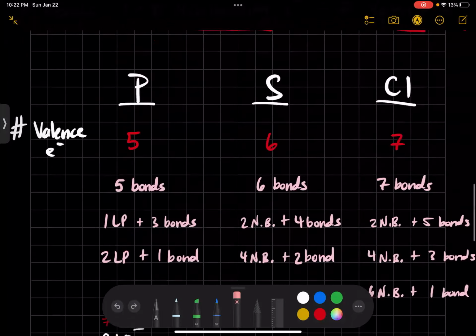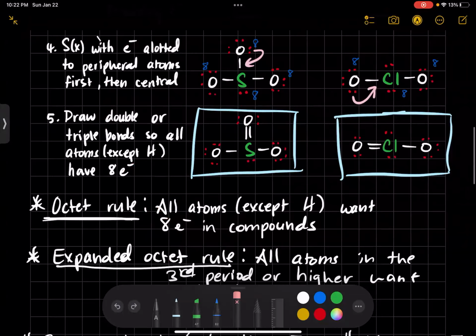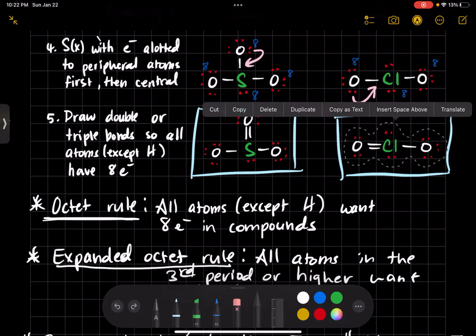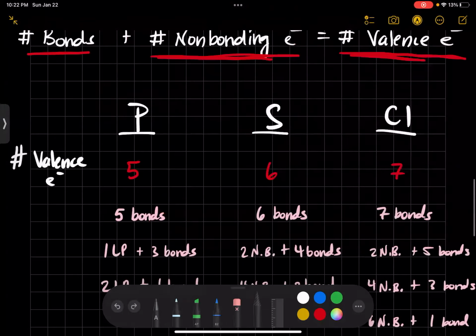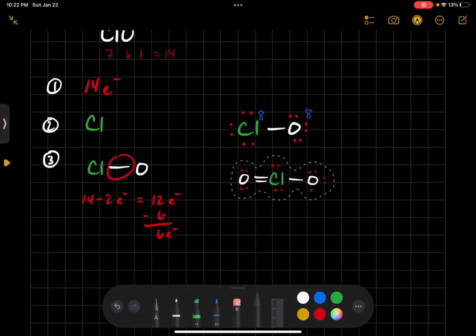And let's compare this to the other structure, ClO2 minus. Well, ClO2 minus looks like this. Let's just put them side by side. So this is hypochlorite.